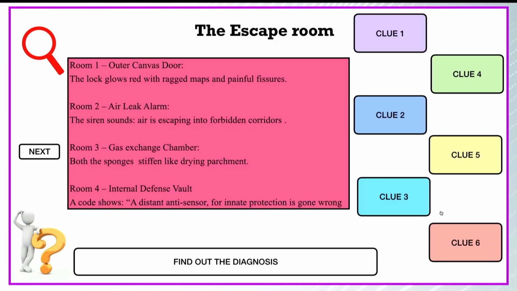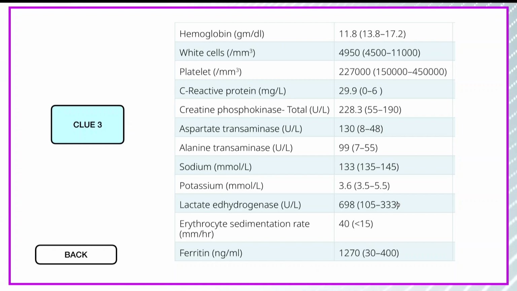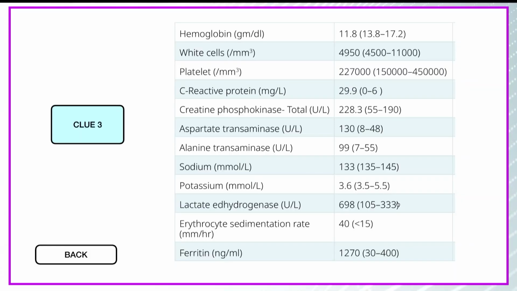Back. Clue 3. Clue 3. Very hard. Back. Okay.